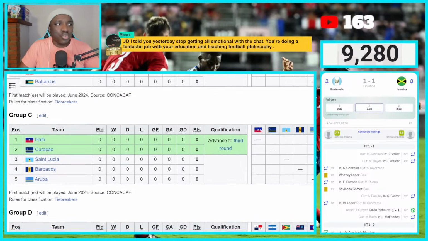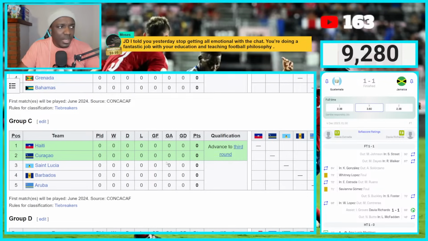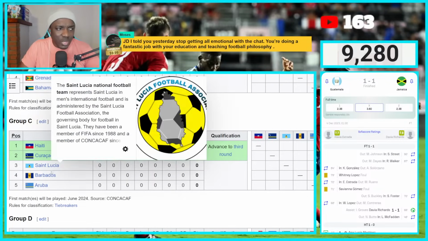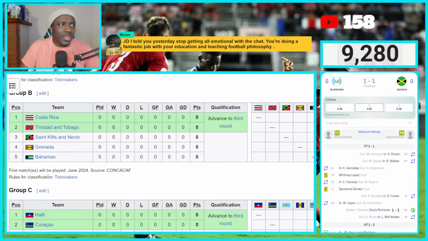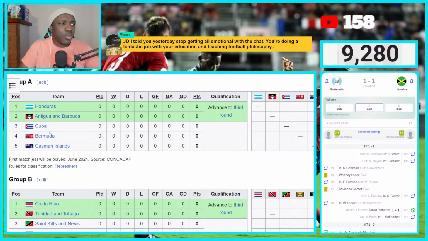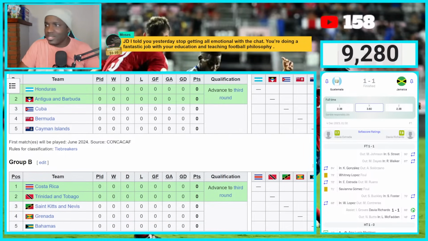Then Group C: Haiti, Curacao, St. Lucia, Barbados, Aruba. Then Group B: Costa Rica, Trinidad and Tobago, St. Kitts and Nevis, Grenada, Bahamas. And we have Honduras, Antigua, Cuba, Bermuda, Cayman Islands. So that's what we have right here, people.